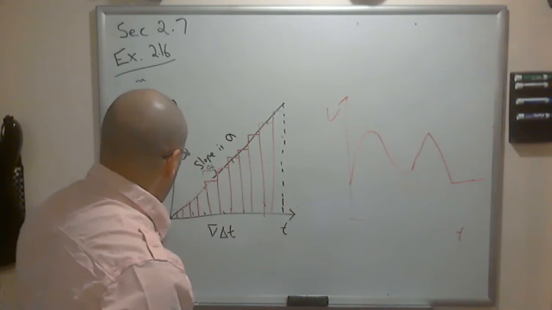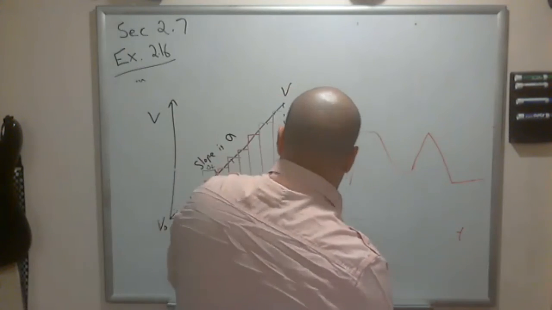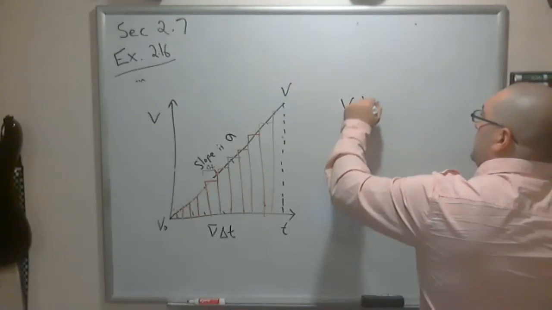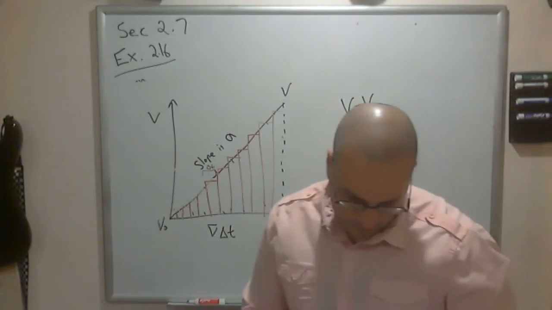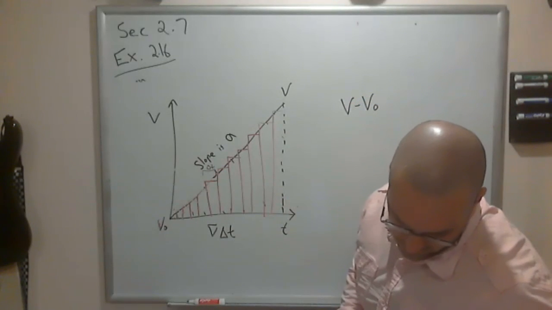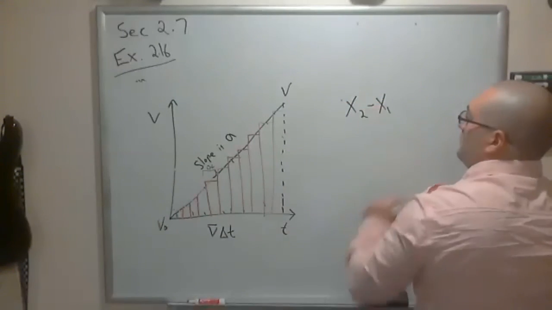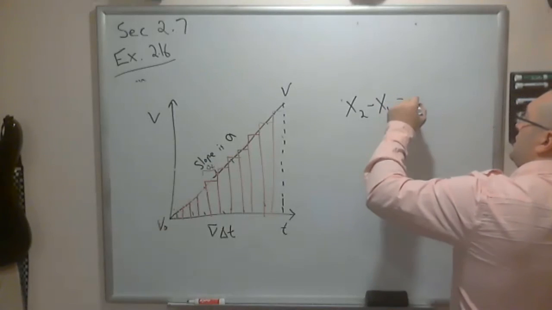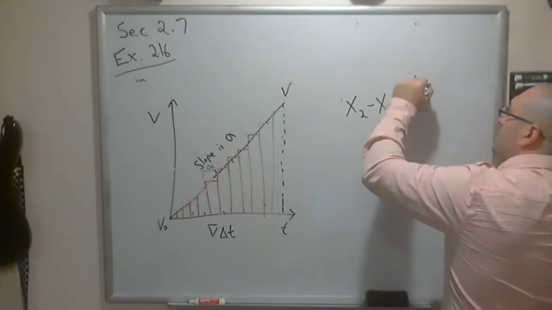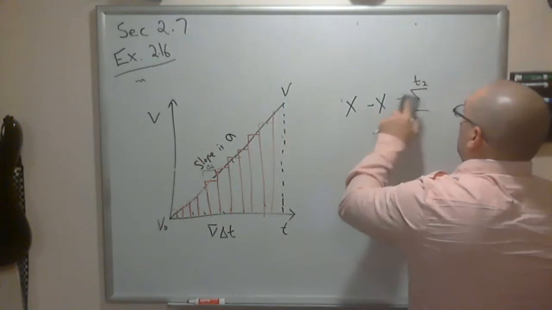So if this is V naught, and this is sometime later, we can summarize this as V from each position, and this is equal to the summation of each one of these boxes to T2.